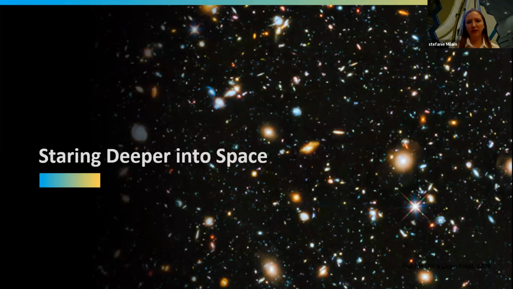This notion came out of the Hubble Ultra Deep Field that was observed early on. So this is that image that was published. What happened was the director of Space Telescope Science Institute was really curious about what Hubble could actually do, what the breaking realm of discovery space was for the Hubble Space Telescope.